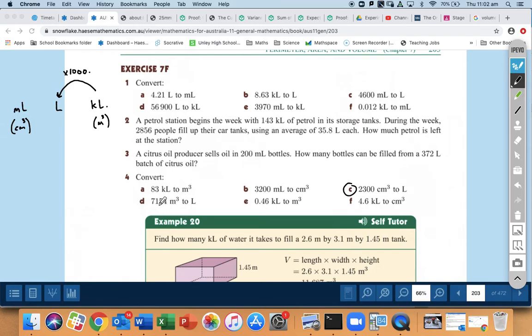It's like we've got 7,154 kilolitres, and then we would times that by 1,000 to get to litres, right? So the answer there would be, I think I've just got enough room to write this, 7154 times 1,000, 3 extra zeros, litres.